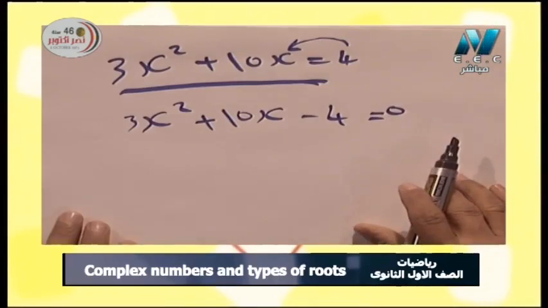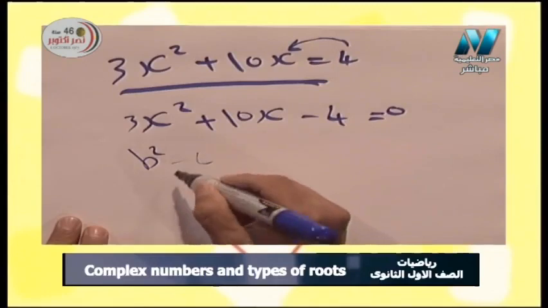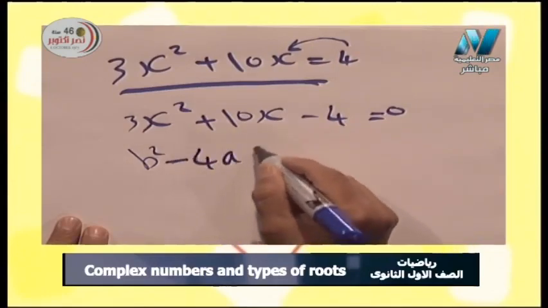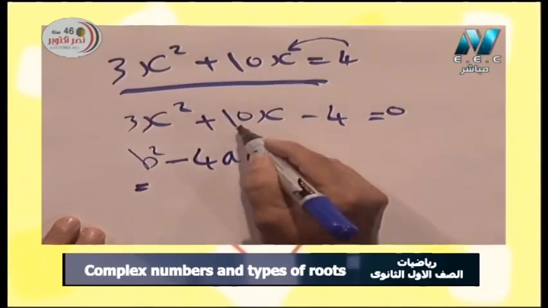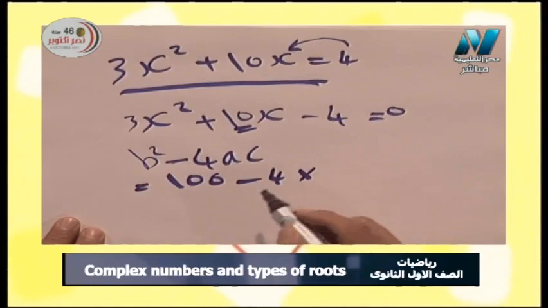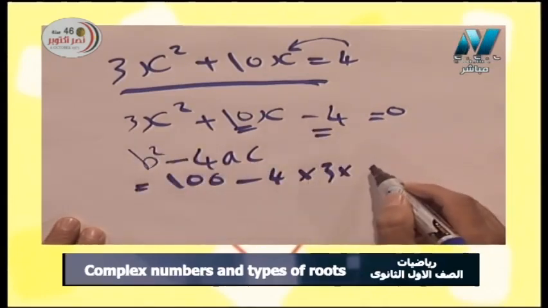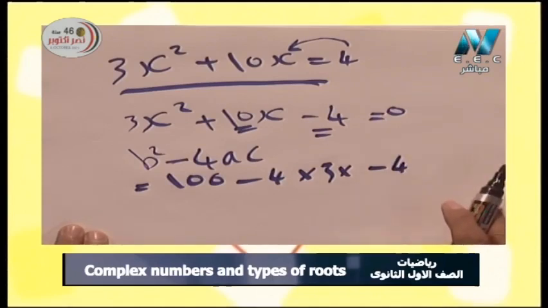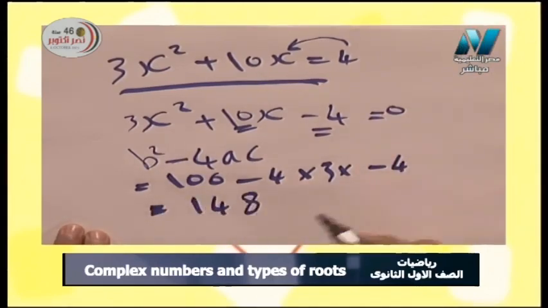Now calculate the discriminant, which is b power 2 minus 4ac. b power 2 here equals 100, minus 4 multiplied by a, which is 3, multiplied by c, which is negative 4, and the answer will be 148.